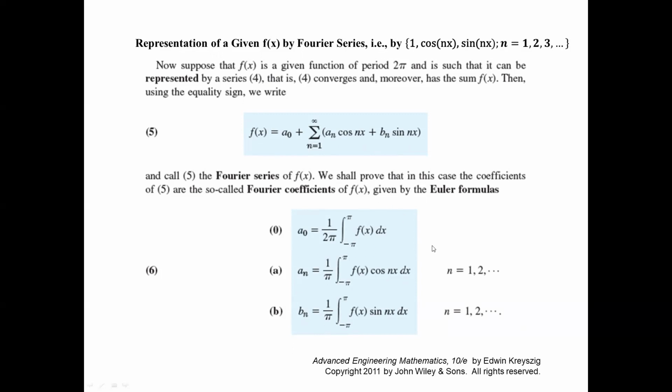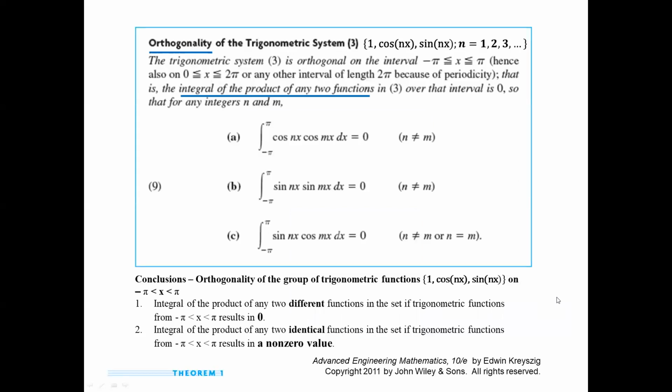In order to prove these 3 formulas, we have to know the so-called orthogonality of this group of functions. Orthogonality can be qualitatively stated in 2 parts. First, the integral of the product of any 2 different functions in the set is 0. The integral of the product of any 2 identical functions in the set is non-zero.